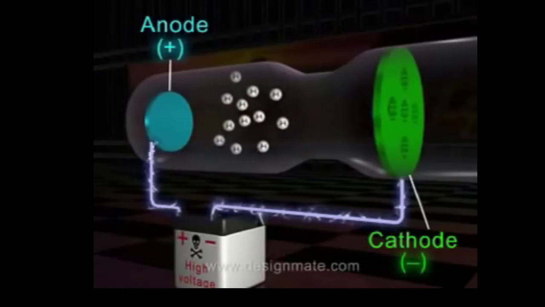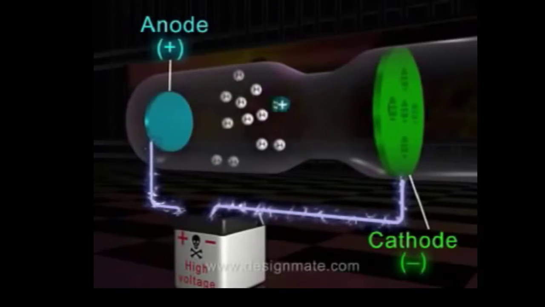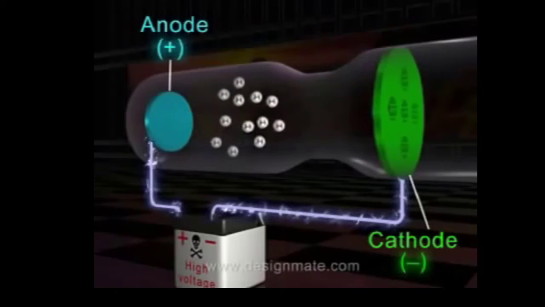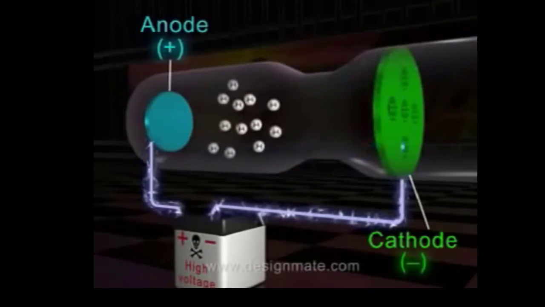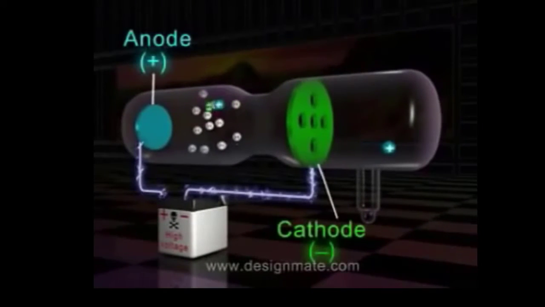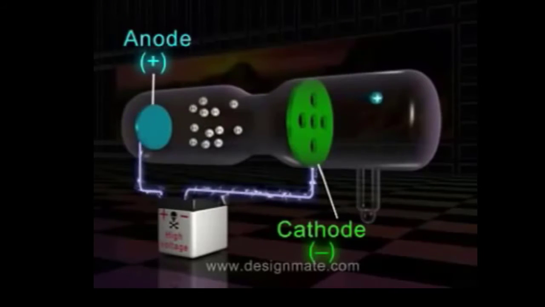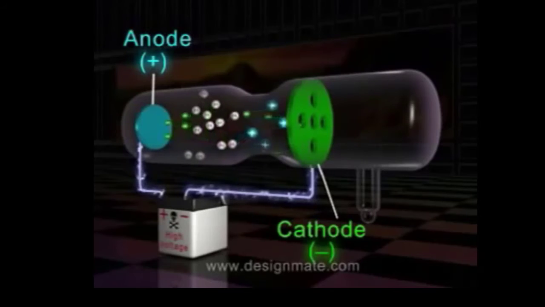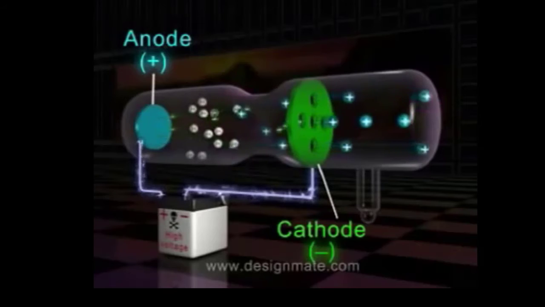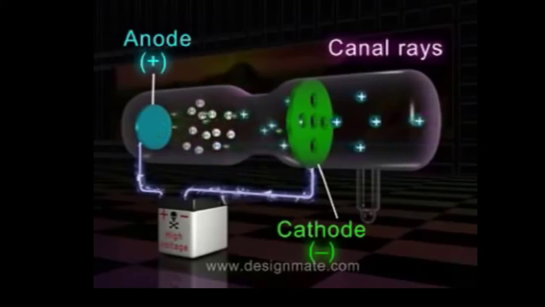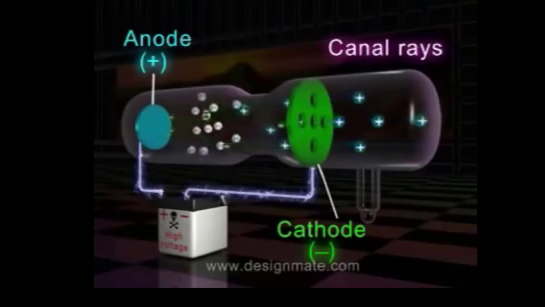These collisions knock an electron out of each gaseous atom, generating positively charged ions, which are accelerated towards the cathode, and they pass through the holes in the cathode, producing a beam of positively charged particles on the back of the cathode. As the positively charged particles pass through the holes or the canals in the cathode, they are called canal rays.